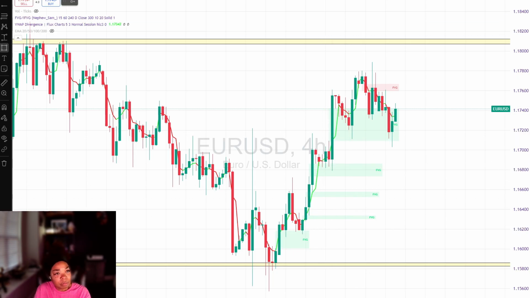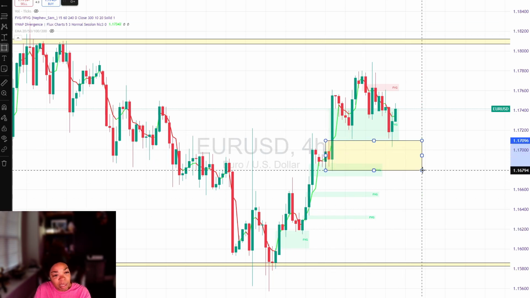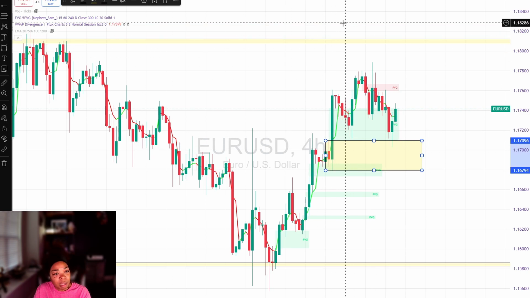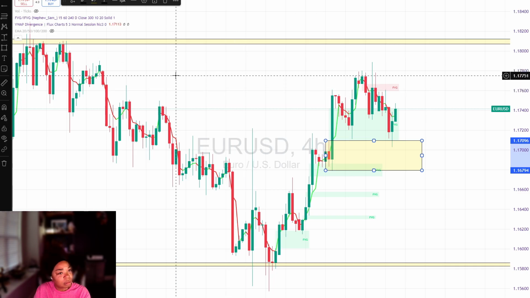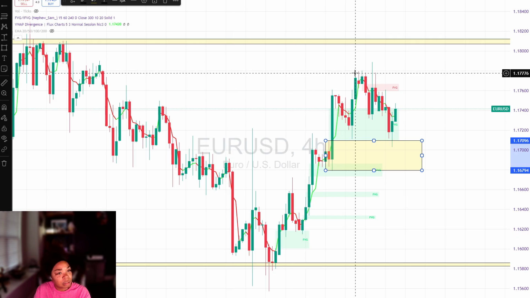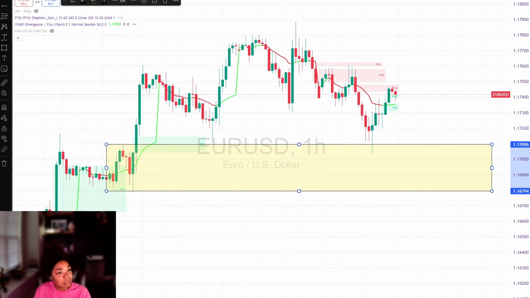And you also have a demand zone. Imagine that, right in that fair value gap. So I have no doubts that it'll probably continue up to resistance, either this resistance here or daily resistance, and do whatever it's going to do.